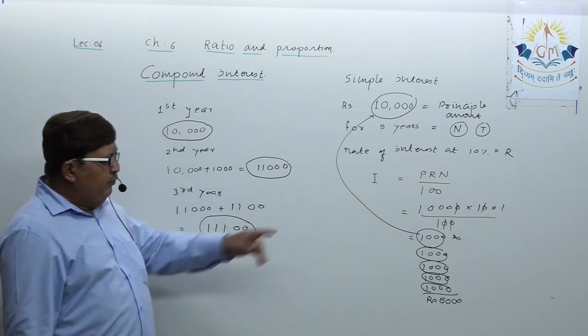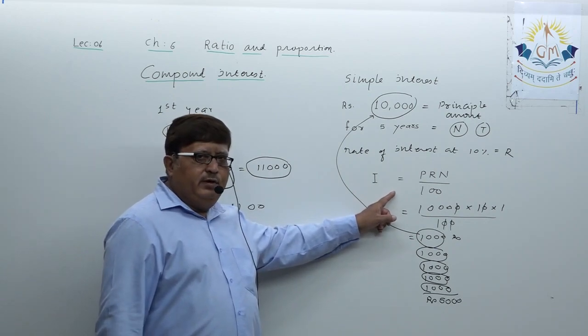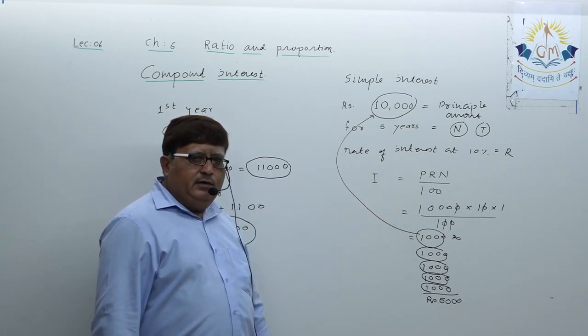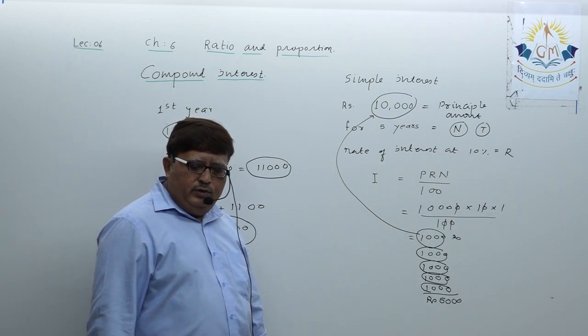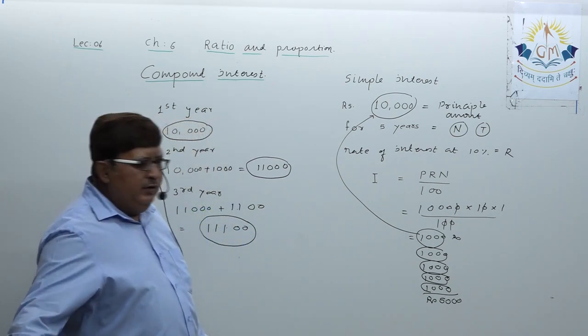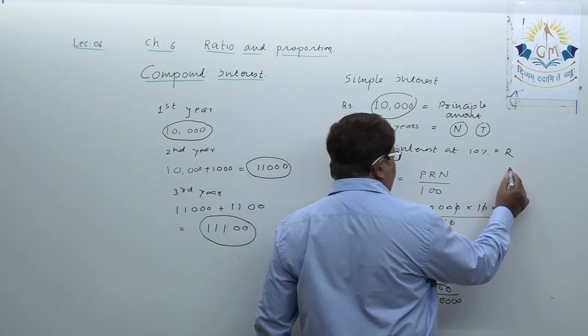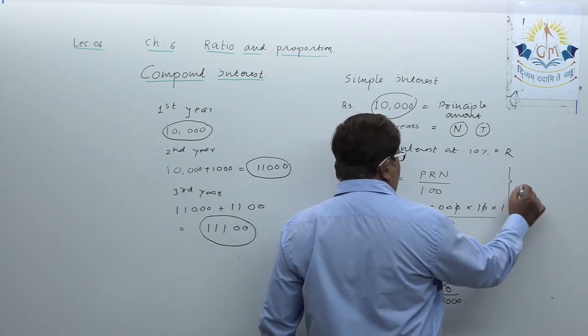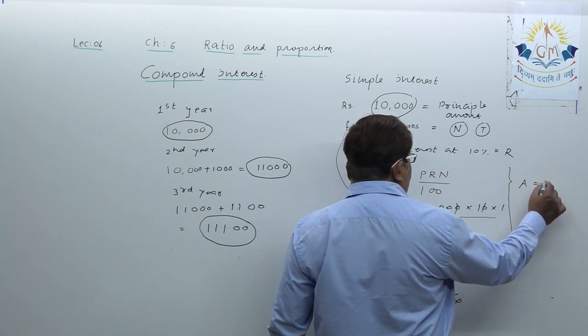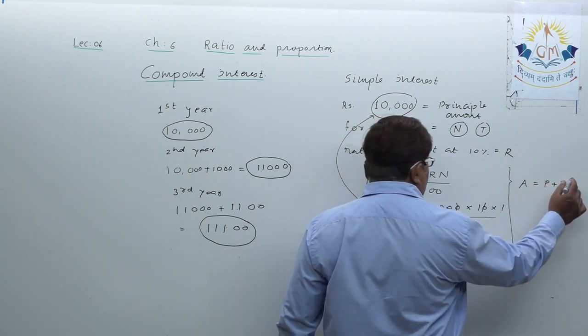Okay? This formula, my dear student, you are well aware: I equals PRN upon 100. In the previous standard you must have also understood the formula of amount, A equals P plus I. You must have studied this.